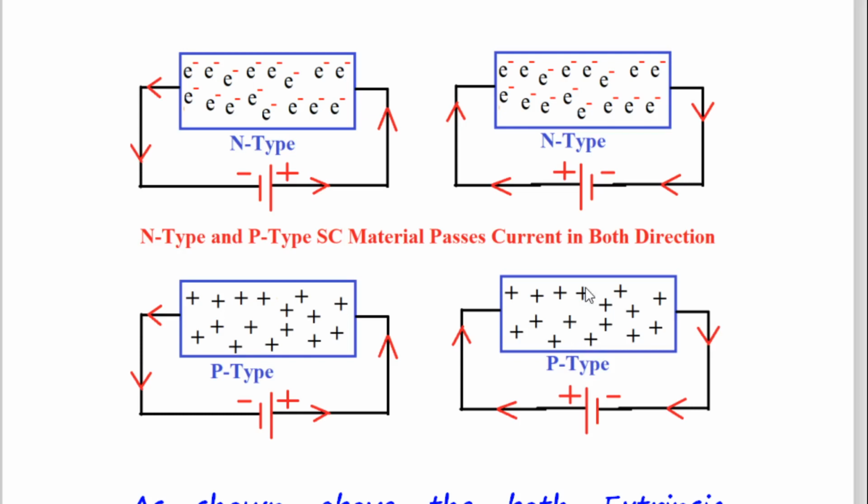That's why we have said that the conductivity of intrinsic semiconductor material, that is pure semiconductor material, is increased by doping, meaning adding trivalent impurity or pentavalent impurity, and fabrication of n-type and p-type material.